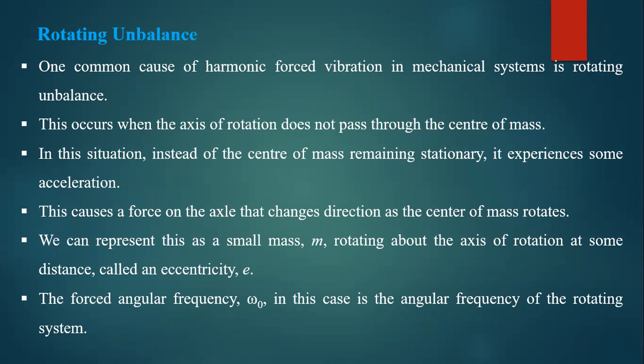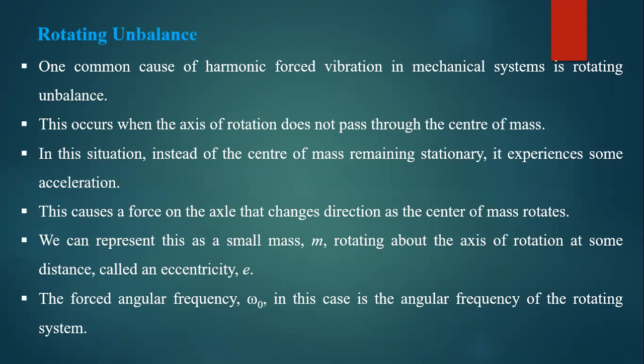One common cause of harmonic forced vibration in mechanical systems is rotating unbalance. This occurs when the axis of rotation does not pass through the center of mass. In this situation, instead of the center of mass remaining stationary, it experiences some acceleration.